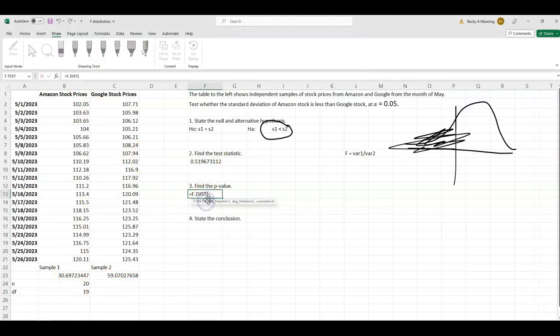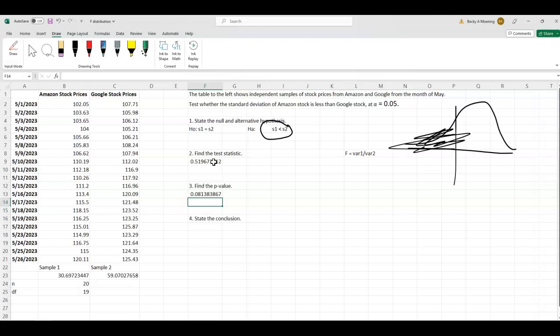So I can use my F distribution. I've got my test statistic, 19, same degree of freedom for both sets in this case. And I want 1 because I want the cumulative distribution function, not a probability density function. I close it and I get my p-value. So my p-value here is 0.08. Now alpha is 0.05.